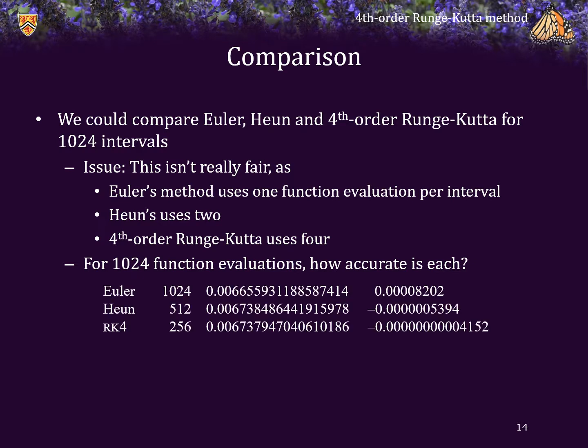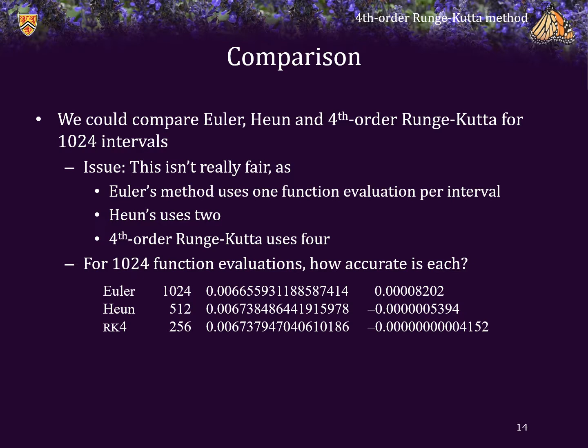So for that first initial value problem we were looking at, approximating the value at t equals 5, Euler's method has an error of approximately 8 times 10 to the negative 5. Heun's method, with 512 intervals, has an error that is approximately 100 times smaller, actually more than that.